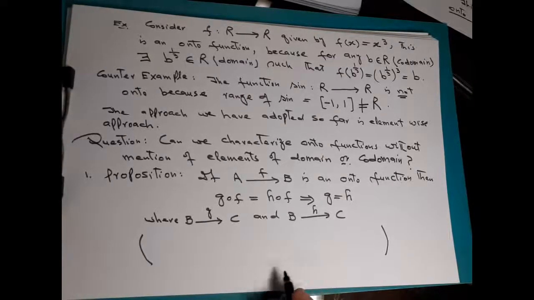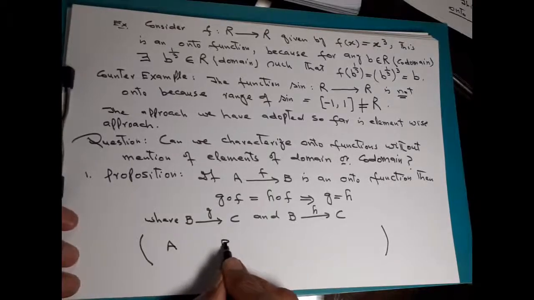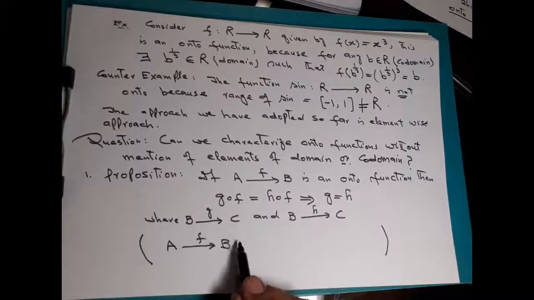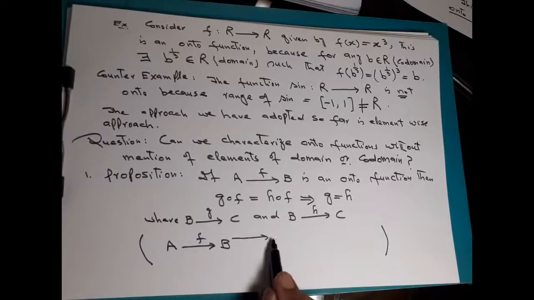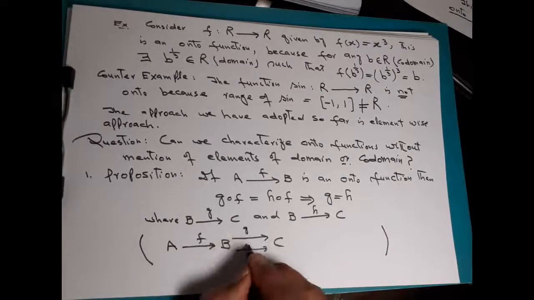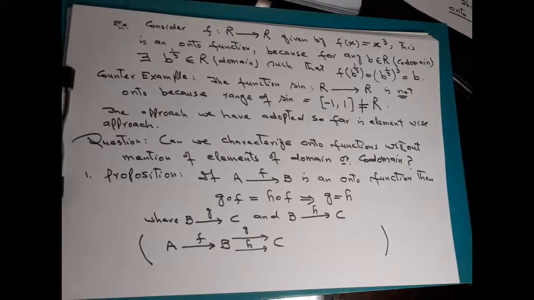Note that we have a function from A to B. A is domain, B is codomain, and F is the function. Then we have two functions with domain B and codomain C. One function is G and the other function is H. Some authors call these parallel functions because they have the same domain and the same codomain.